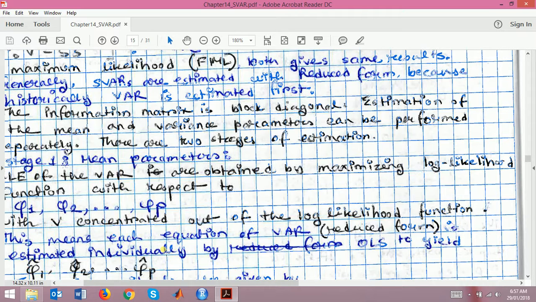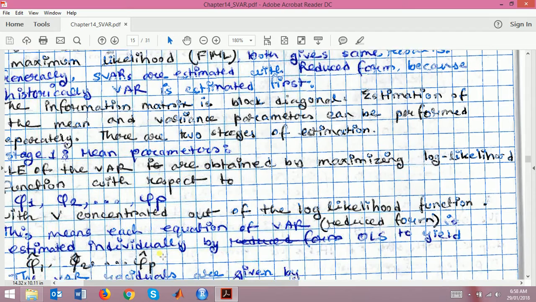The VAR residuals are given by, obviously taking v on the left hand side, v equals y t minus the sum from i equals 1 to rho of phi i y t minus i, right, from the reduced form equation, which are used to compute the n by n covariance matrix, which is 1 by T minus p, summation of t equal to p plus 1 to T, v v transpose, right?